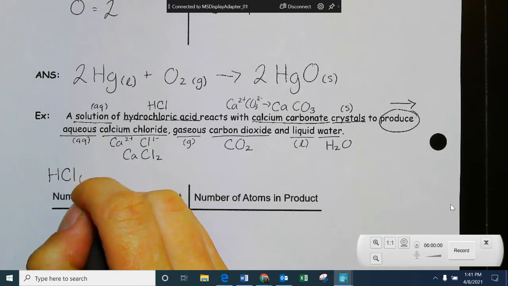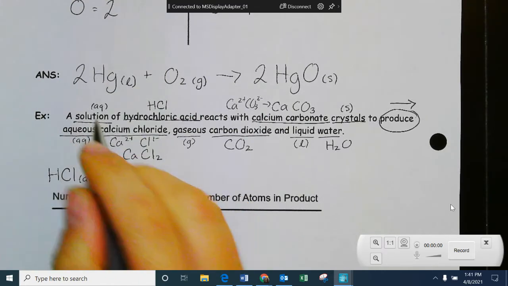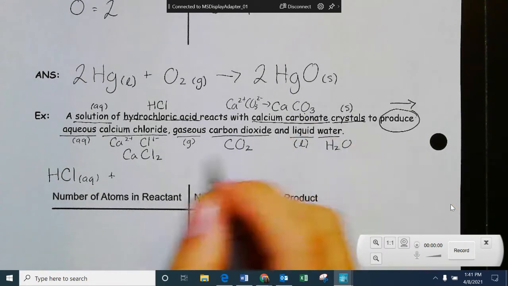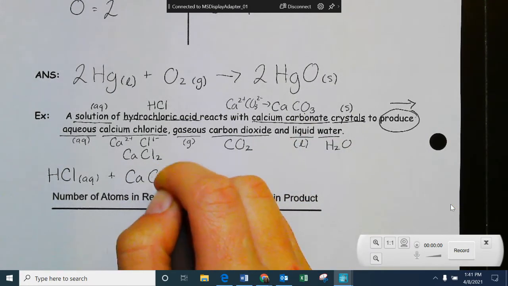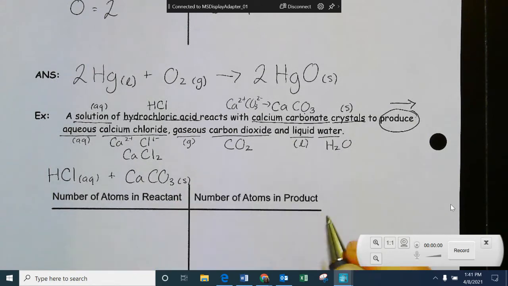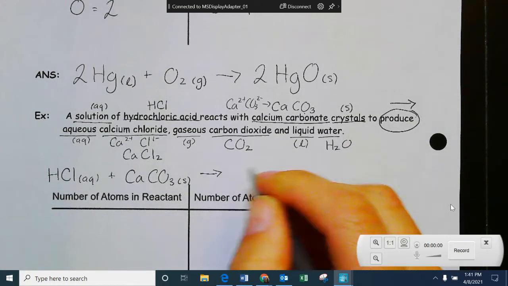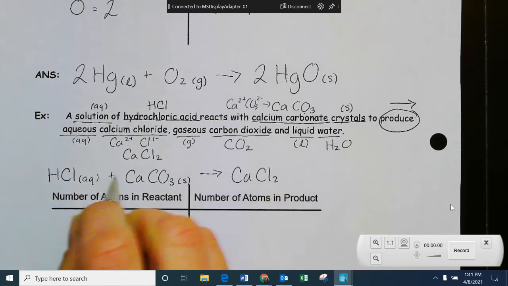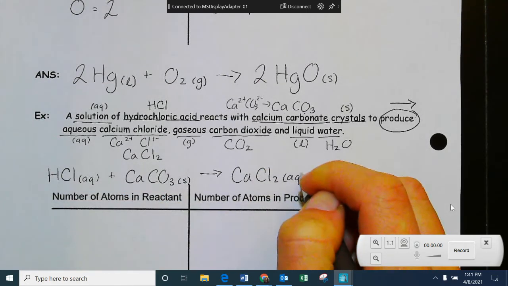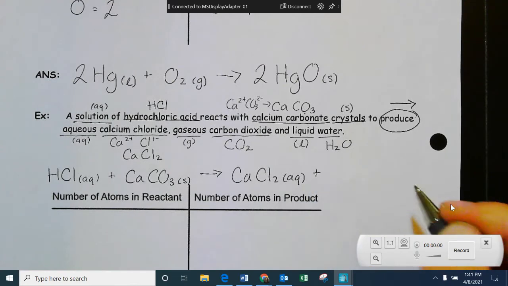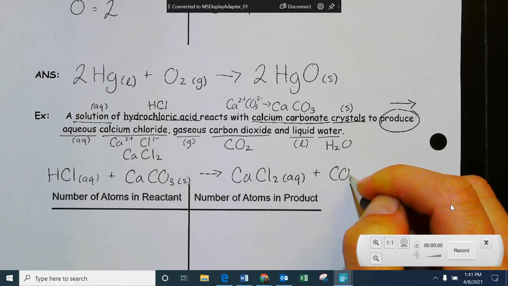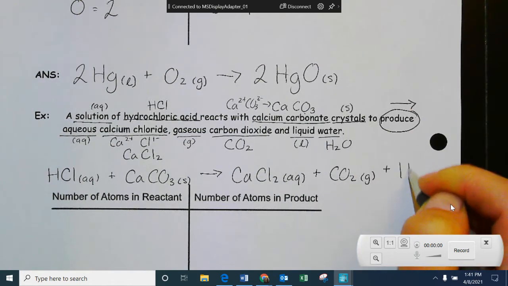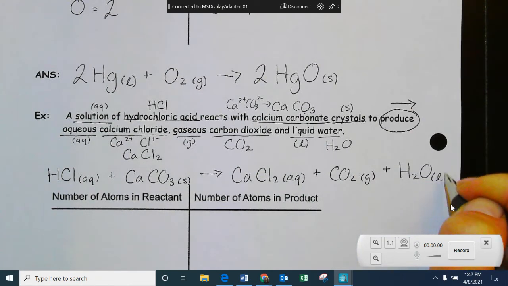So HCl, aqueous, plus calcium carbonate, which is a solid. It's going to produce calcium chloride, which is aqueous, and carbon dioxide, which is a gas, and water, H2O, which is a nice pure liquid.